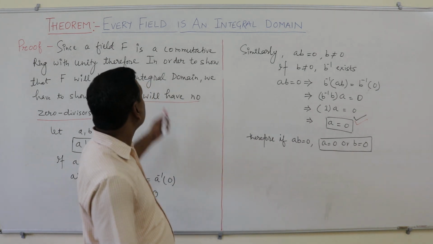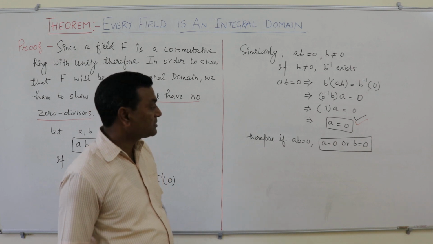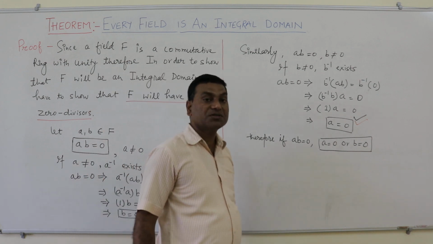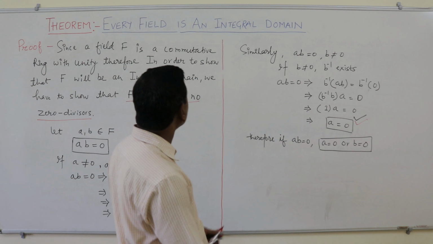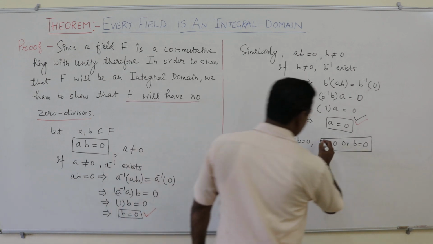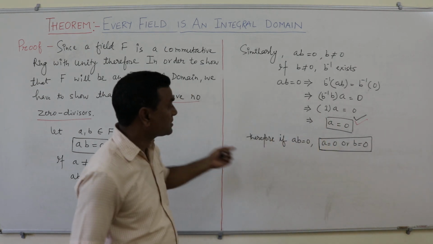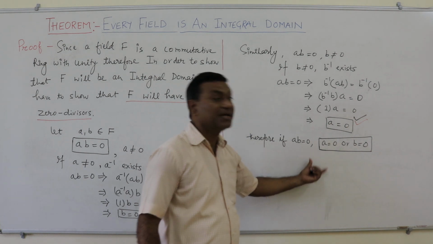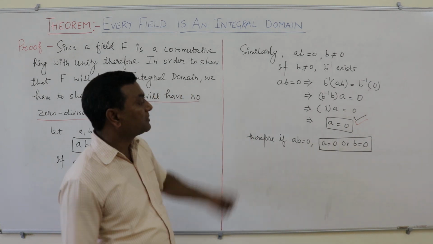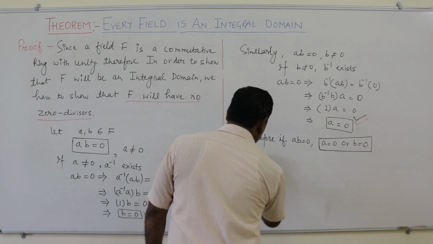But in a field, the product of two non-zero elements is not 0, so the field is without zero divisors, and that's why we can say this will be an integral domain.